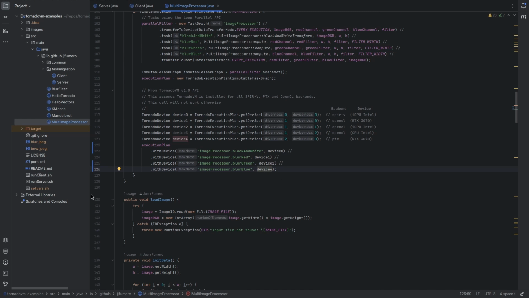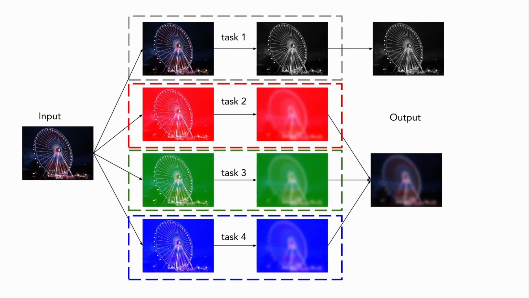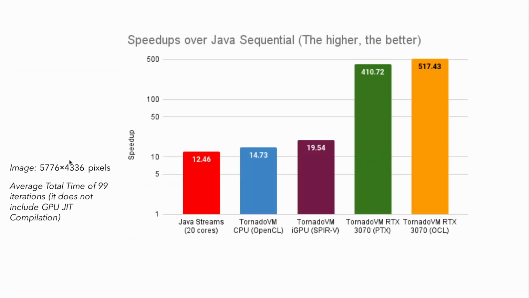So I already executed that before recording this video. So I'm gonna show you the rounds of experiments, the performance. The image I showed you is this amount of pixels, 5,000 pixels by 4,000 pixels. And the report is the speedup, and it is the average of 99 executions.